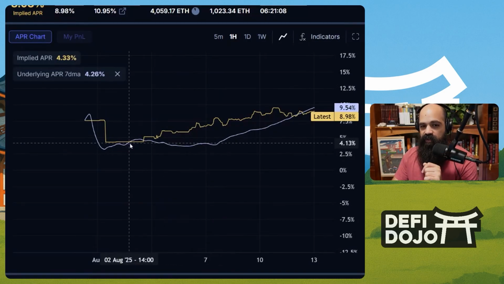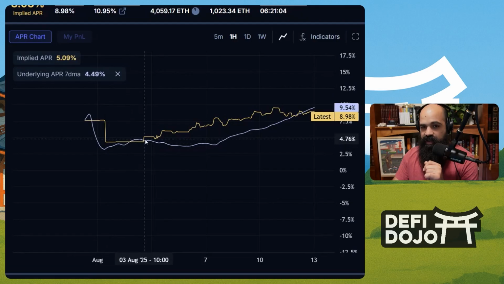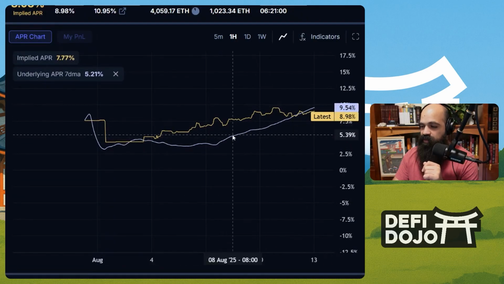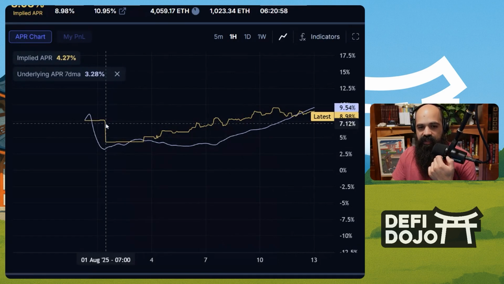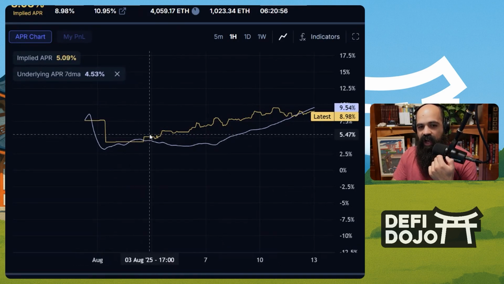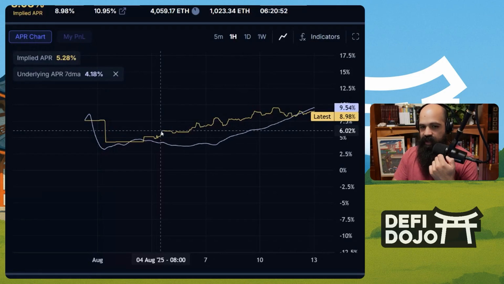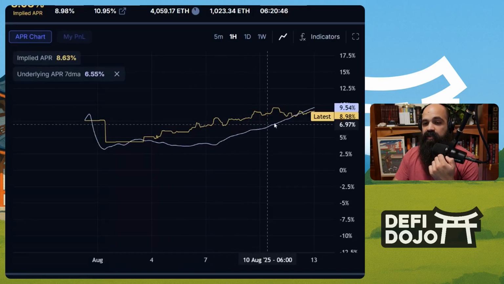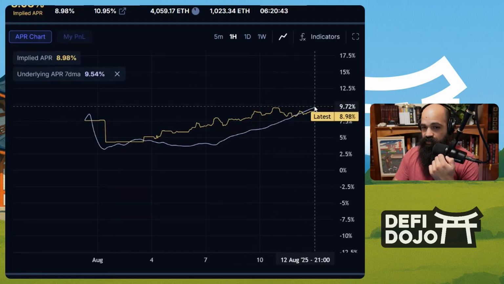Granted, if you were to have longed and paid this fixed rate, then any time after here, you would have been winning. So there's a bit of a difference here: you get the fixed rate on this graph at the point you enter. If you entered right here at 6.02, ever since 3 days ago you have been on the losing side of the trade.